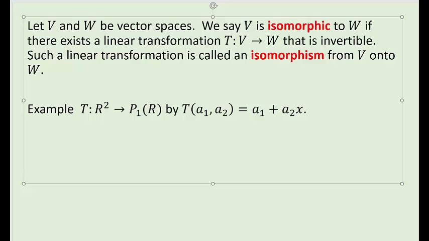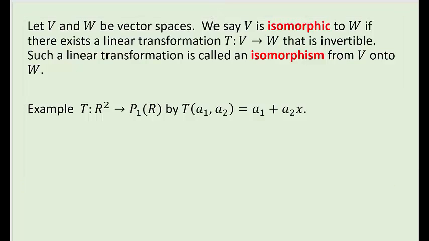In this case, it's a linear transformation that is invertible. Such a linear transformation is called an isomorphism from V onto W. So now if we just have a linear transformation that is invertible, or is 1 to 1 and onto, we know that it is an isomorphism.